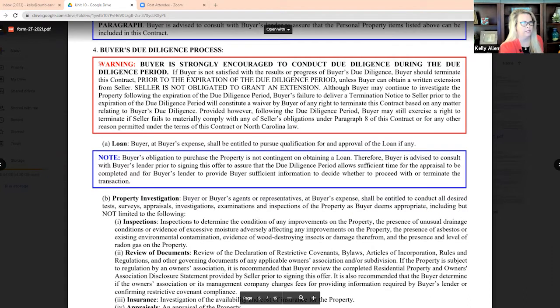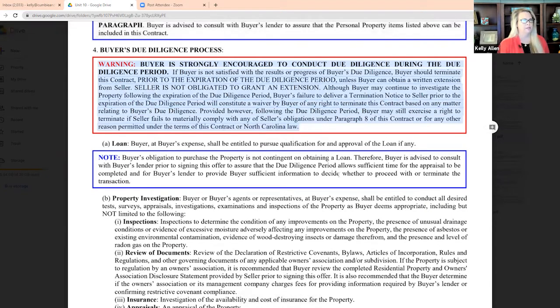All right, so a big red warning box. Woo, that's there to get our attention. So let's read it. What does it say? Warning: a buyer is strongly encouraged to conduct due diligence during the due diligence period. If buyer is not satisfied with the results or progress of buyer's due diligence, buyer should, look at this language, terminate this contract. When?